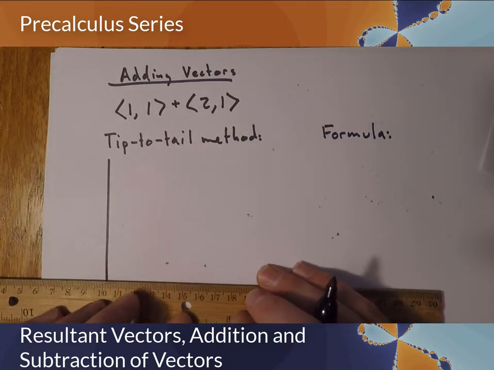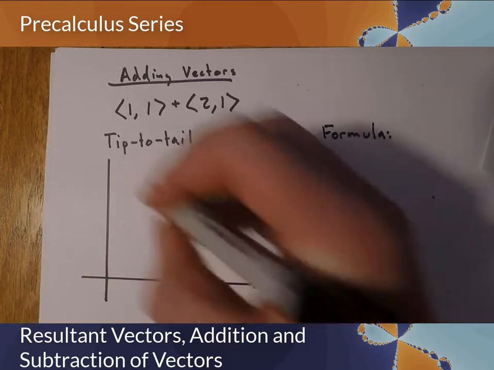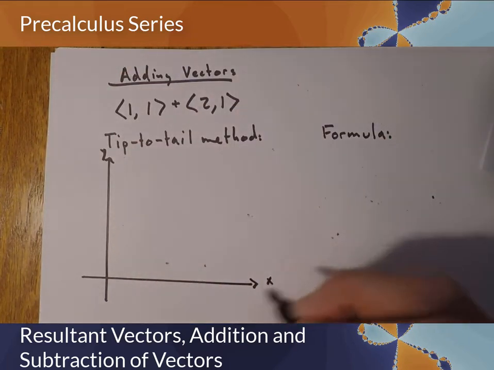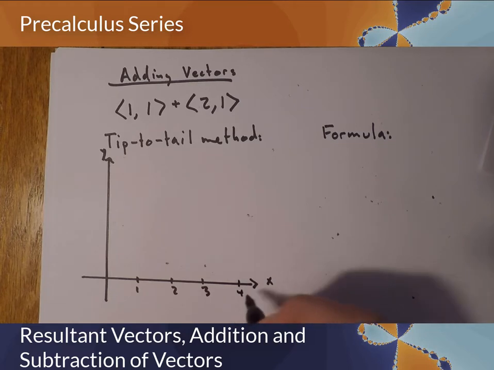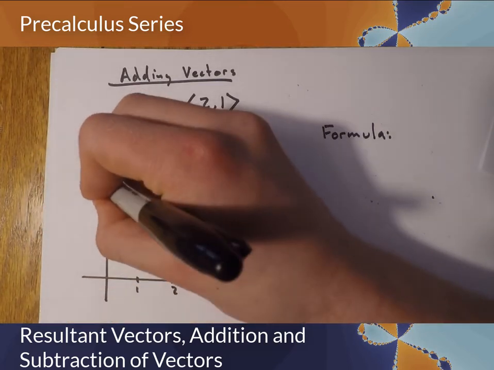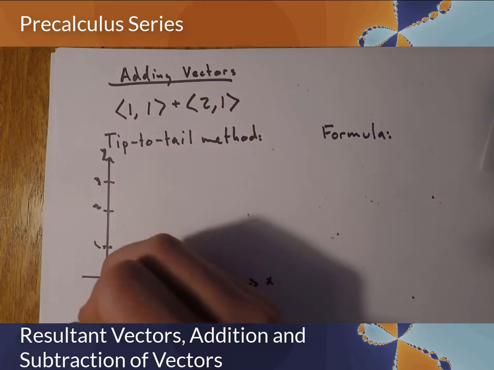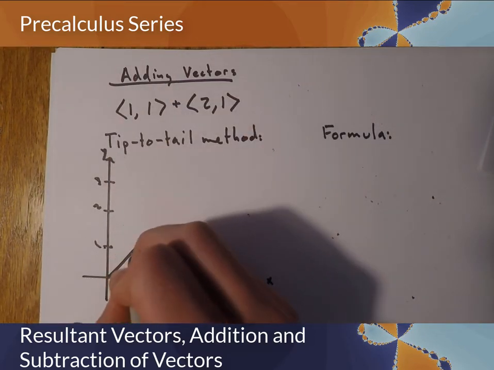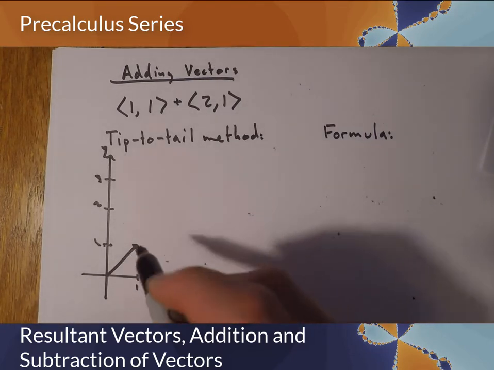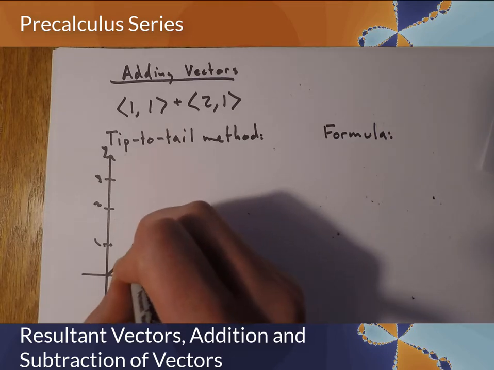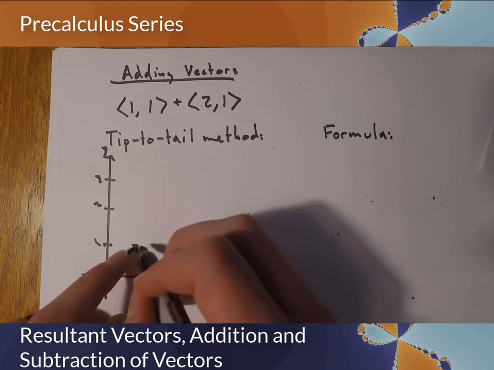So I'm going to draw a Cartesian coordinate plane here. I'm going to label my x and y axes. And so 1, 2, 3, 4. 1, 2, 3. That should be good for this problem. And I'm going to draw my first vector, 1, 1. Now, in the tip to tail method, you attach your second vector onto the tip of the first one.